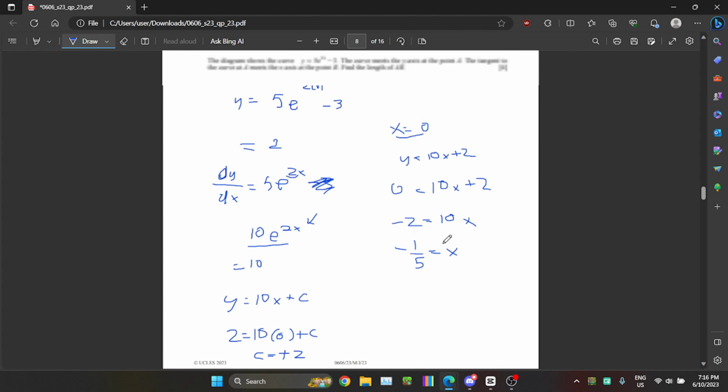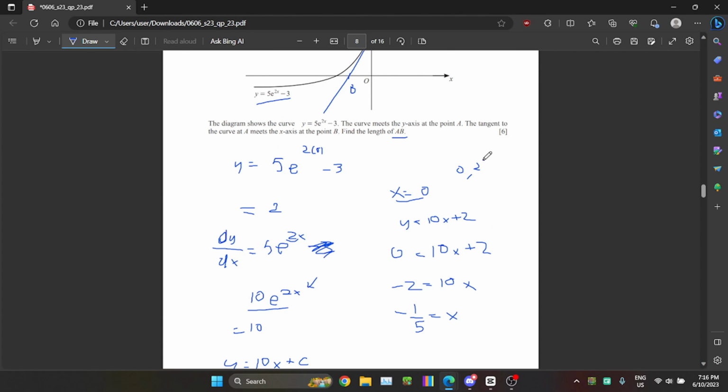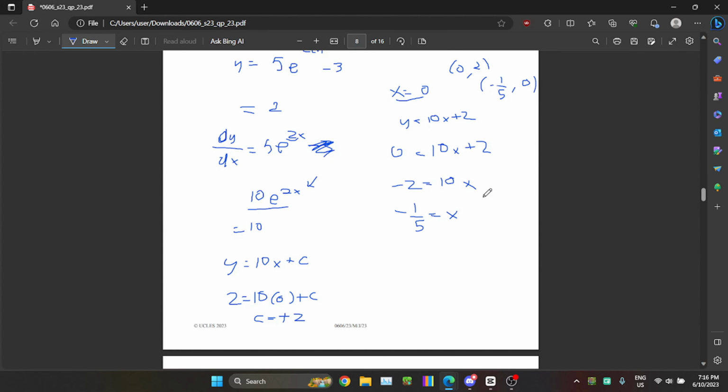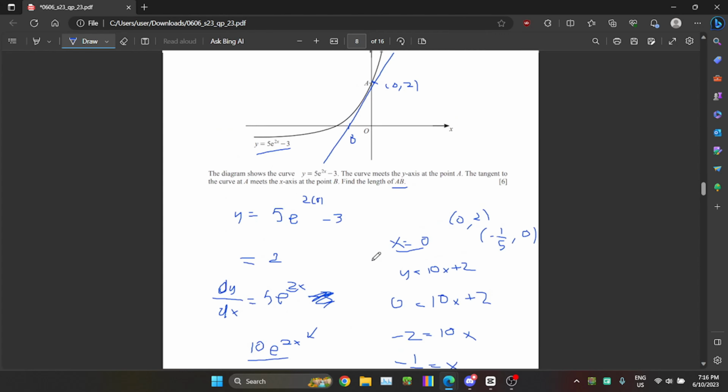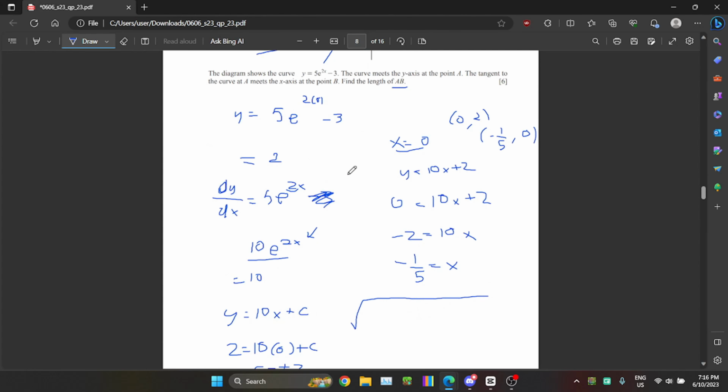Now, we have 2 points, right? We have 0, 2, and we have negative 1 over 5, 0. These are the 2 points, and using this, we just need to do the classic formula to find distance. Okay, this does not look like negative 1 over 5, that's because I kind of roughly sketched it.